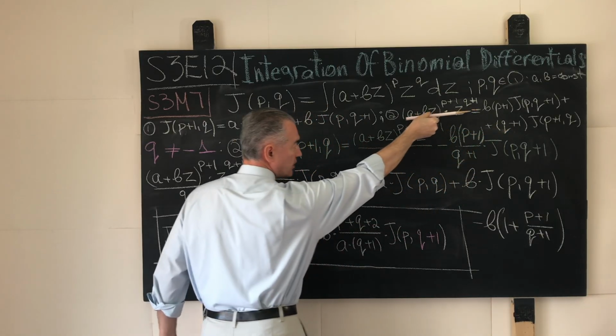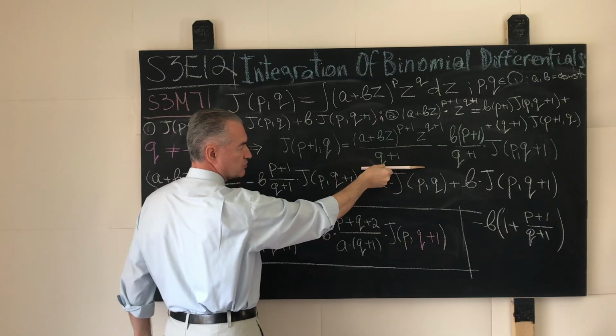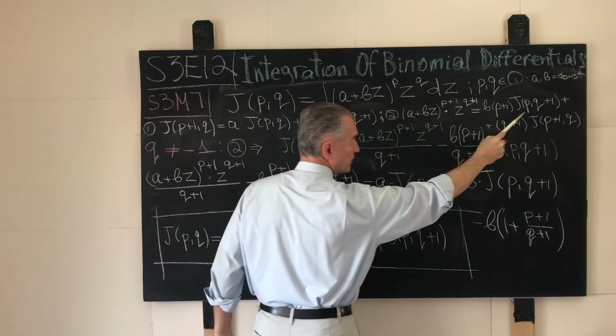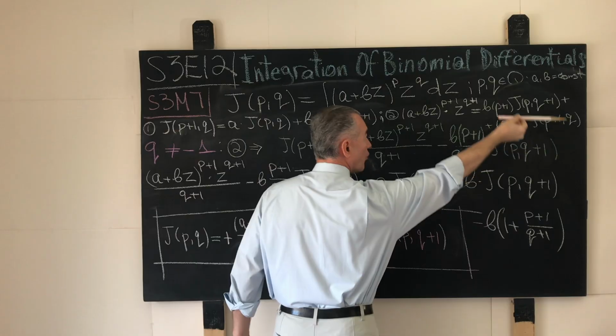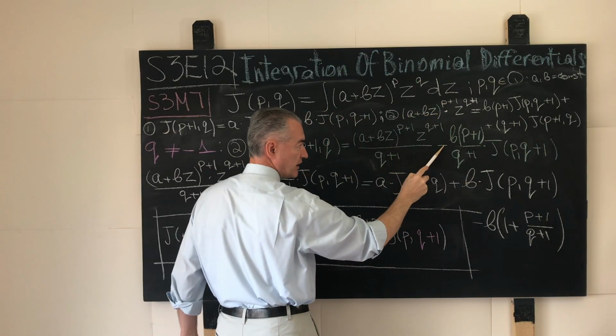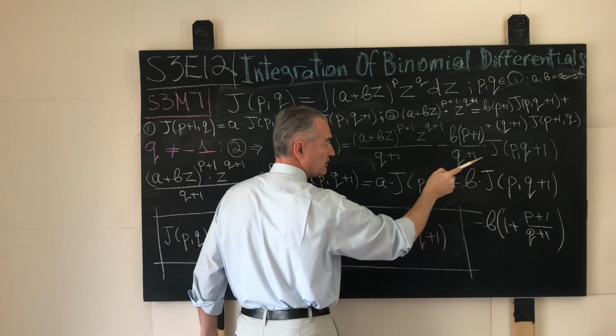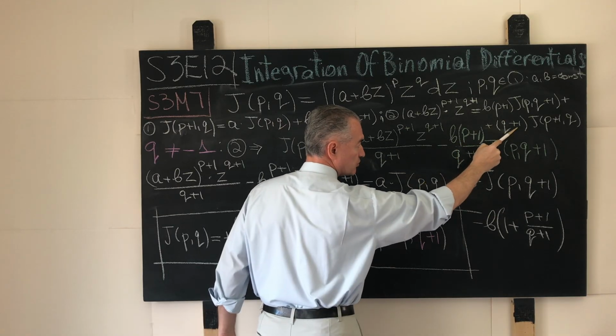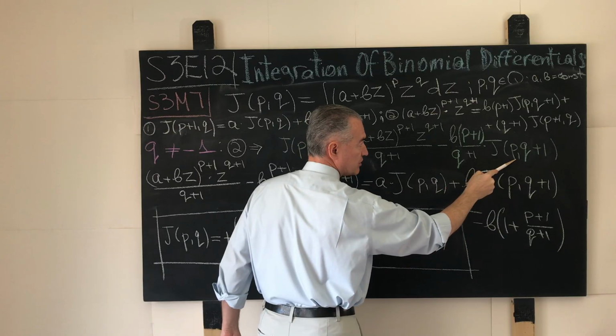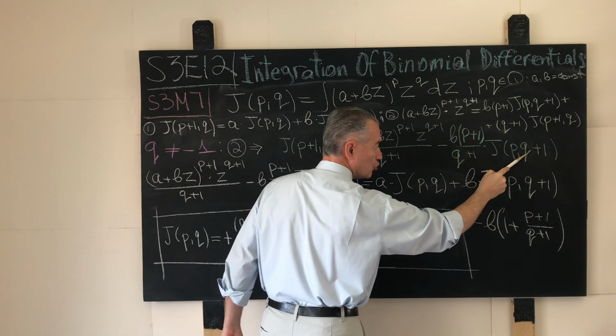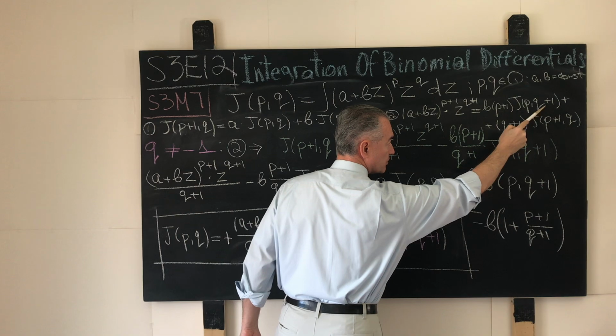So this comes down here divided by q plus 1, this result shown in green. And then we carry this summand over the equal sign with the negative sign. We keep b times (p plus 1) divided by (q plus 1). This is our integral J(p, q plus 1), this integral.